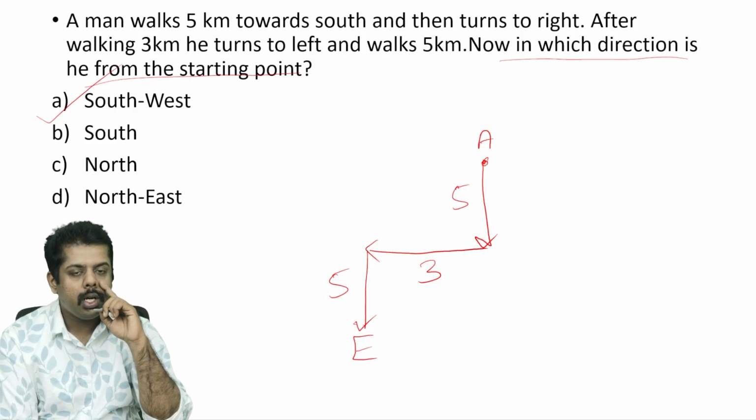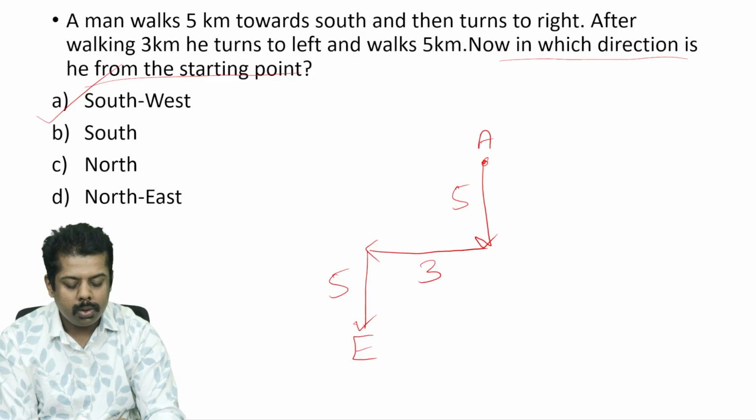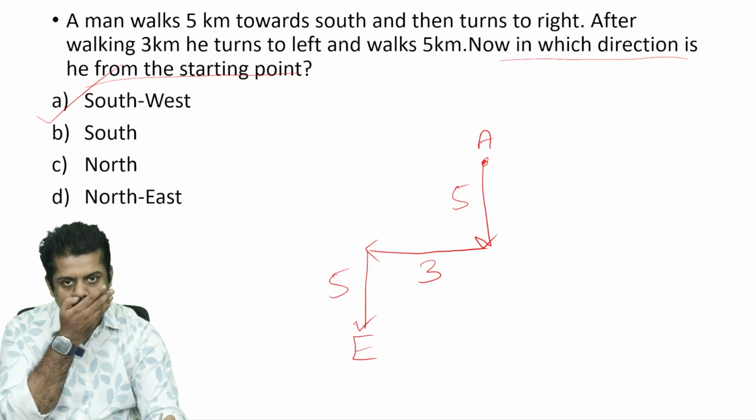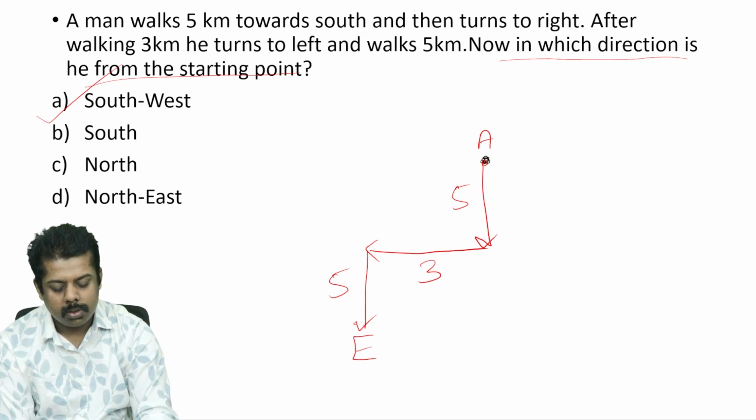If you have a doubt on how to find the direction, a simple thing you can do is try and draw a basic diagram with the reference. In this scenario, this is the reference point.